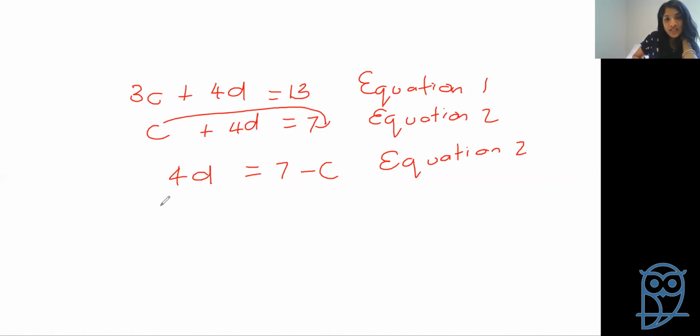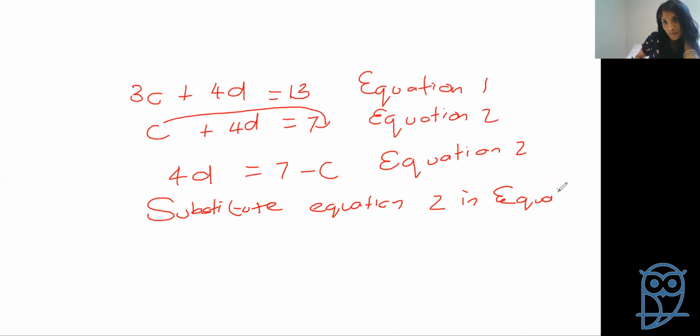Now we're going to substitute equation 2 into equation 1. We're going to bring this down. We're going to say 3c plus what we just worked out, 7 minus c is equal to 13.